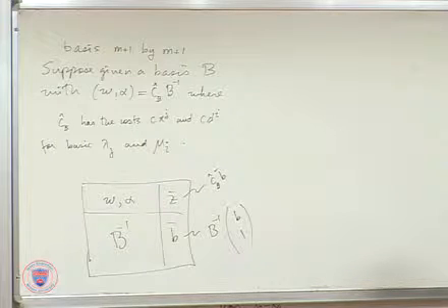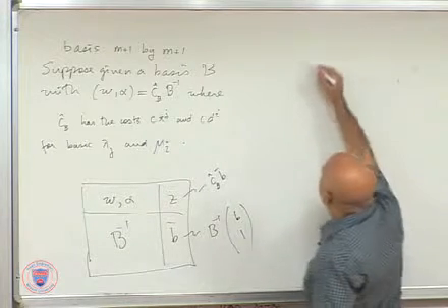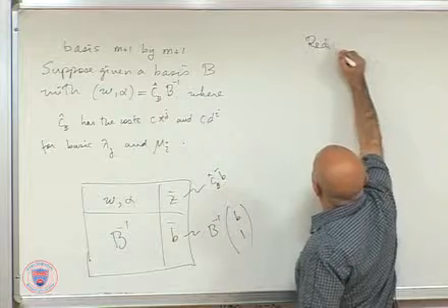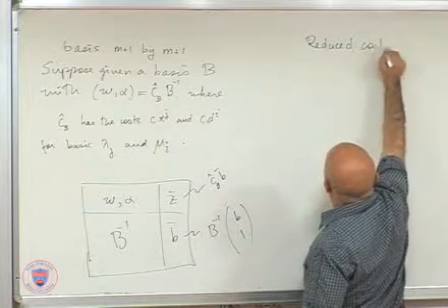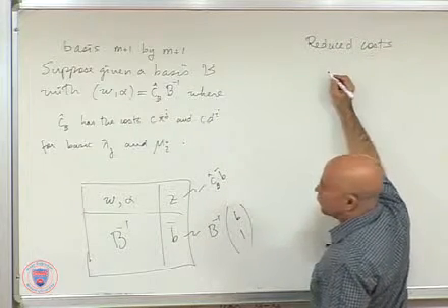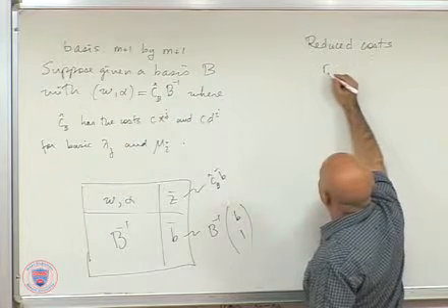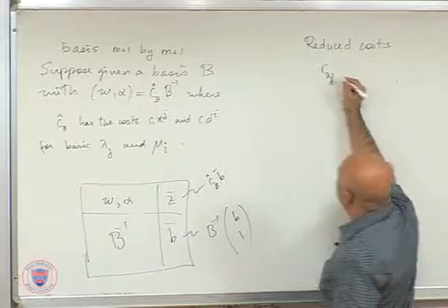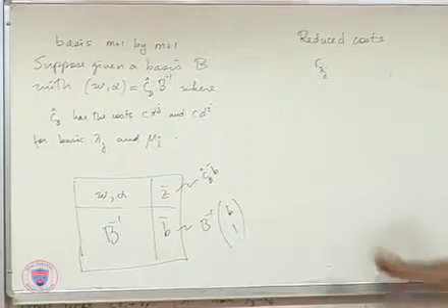All right, so what am I supposed to do? I need to compute my reduced costs. So to do that, let's look at the reduced cost for the jth lambda, lambda j.